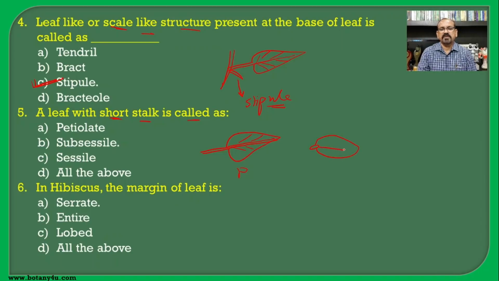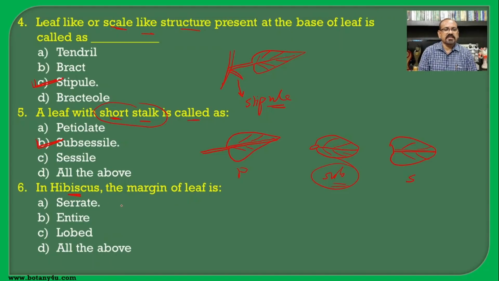Then this is another type in which the stalk is short, and the third type in which the stalk of the leaf is found to be absent is known as the sessile. So if there is presence of a short stalk, then it is known as the subsessile, and hence B is the correct answer for this question.